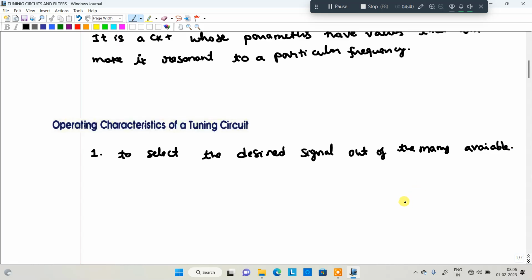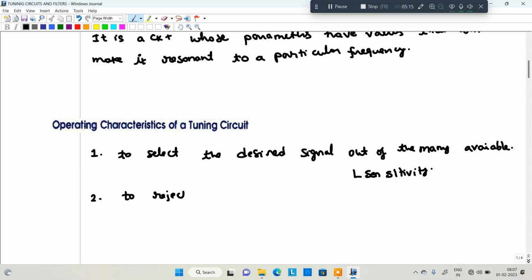Okay, got my point? We have so many signals, and we can select the particular signal we want. That is the first characteristic of a tuned circuit, and it is called sensitivity.